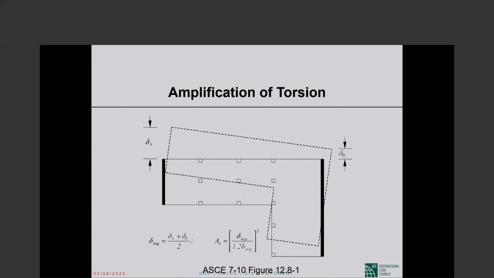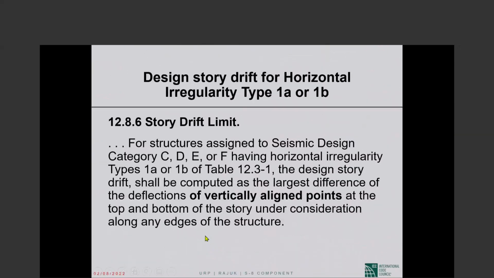So this is just illustrating the delta maximum and delta average and the definition of the accidental torsion amplification factor, or the torsional amplification factor. I don't know why it's called accidental.